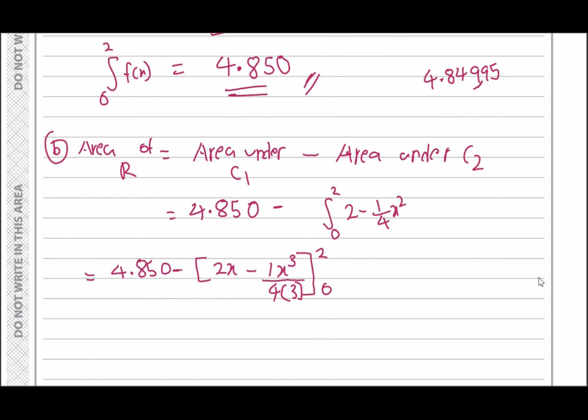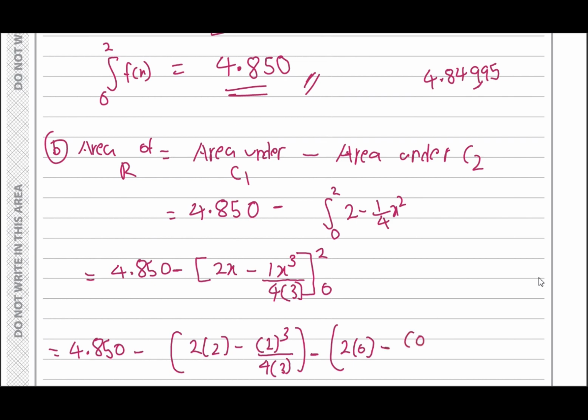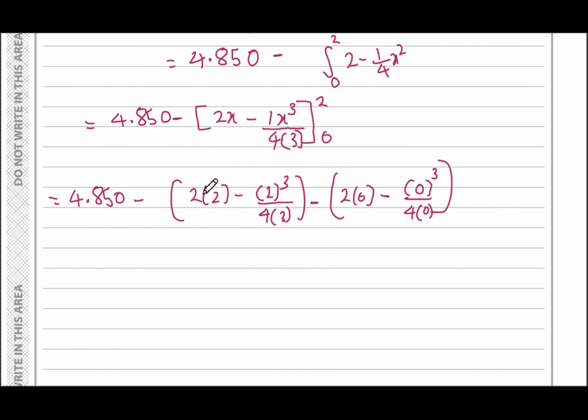I have to substitute the limits. When I substitute 2, I get 2 times 2 minus 2 cubed over 4 times 3, and when I substitute 0, it simply becomes 0. You don't actually need to show that part because it's simply 0.